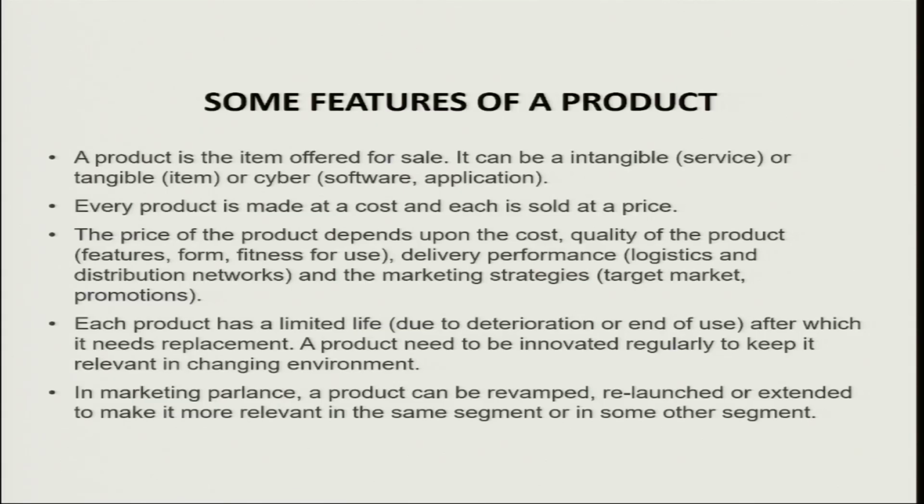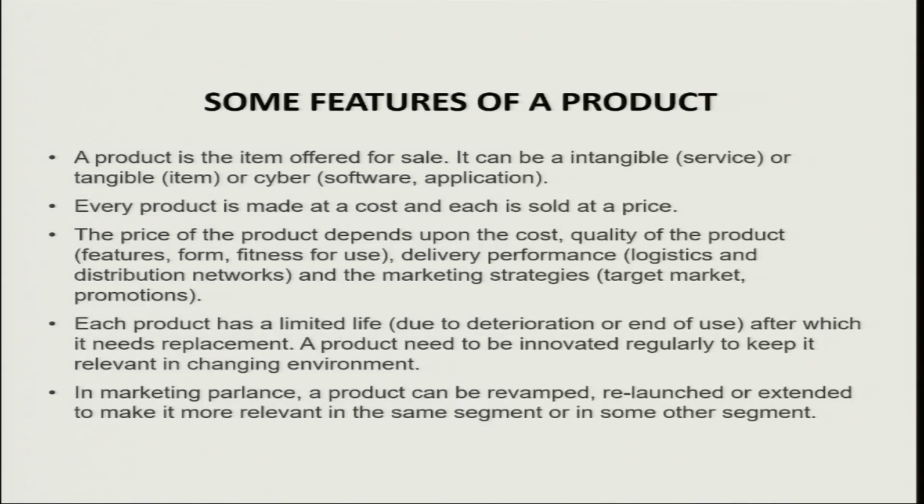You say that I am going to deliver within 2 hours, within 1 hour, so you can charge a certain premium. Or you have a large variety of products available ex showroom, so you can charge some premium on that also. For that, the logistics and distribution networks and the marketing strategies matter: which target market we are going to, how we are promoting our products, and how we are launching the product.